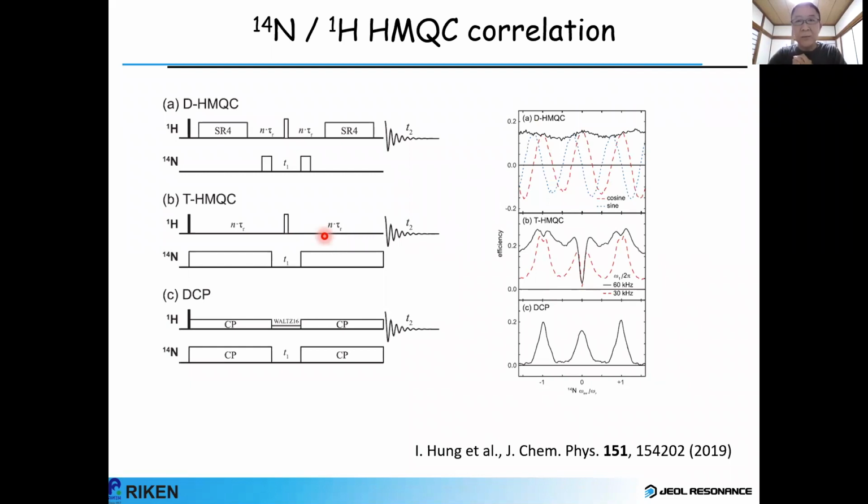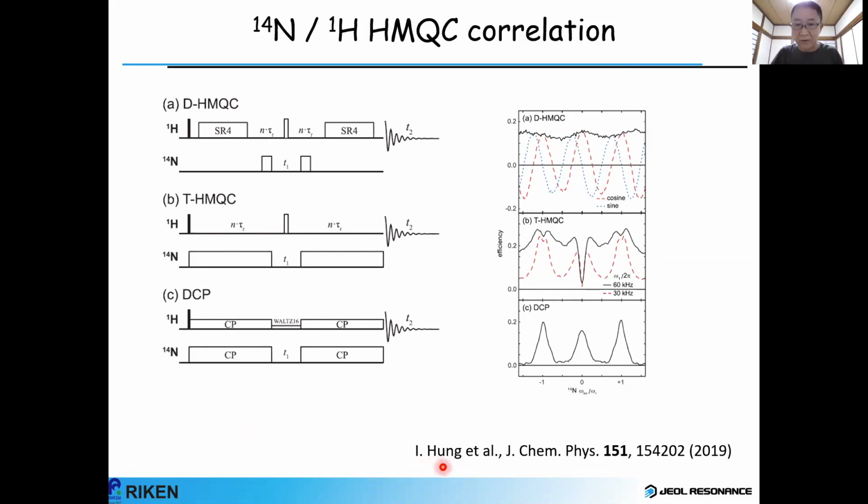Then there are several different ways of magnetization transfer. At the beginning, D-HMQC or just HMQC was used, but some TRAPDOR based experiments or WCP experiments have also been proposed.